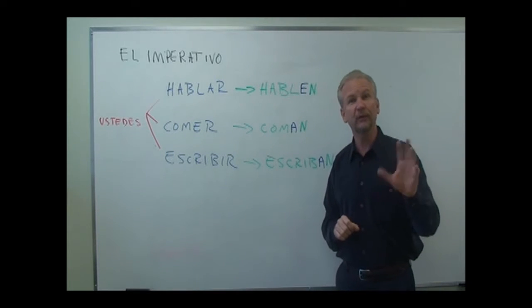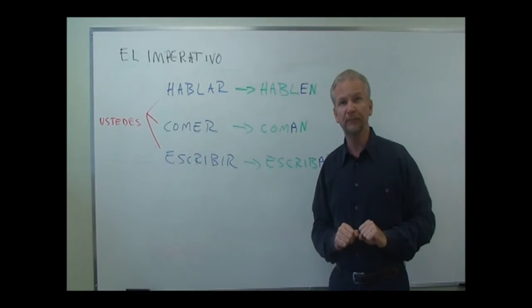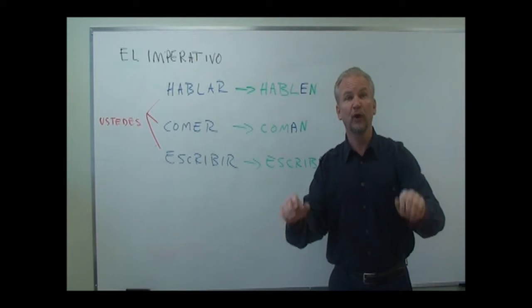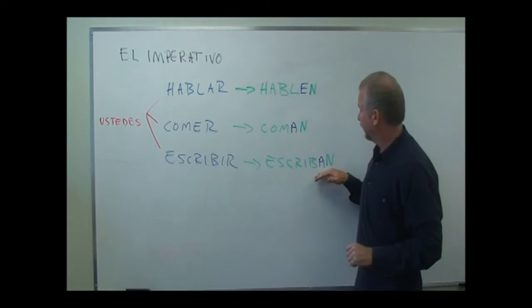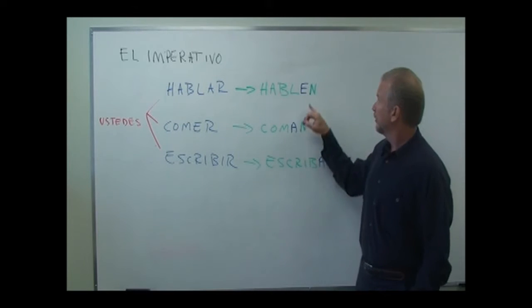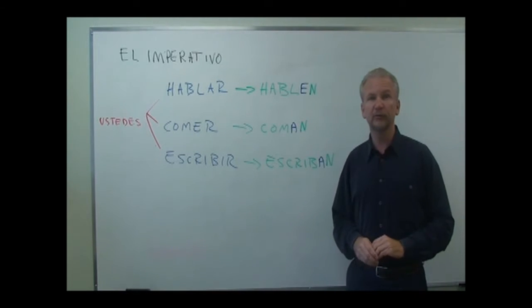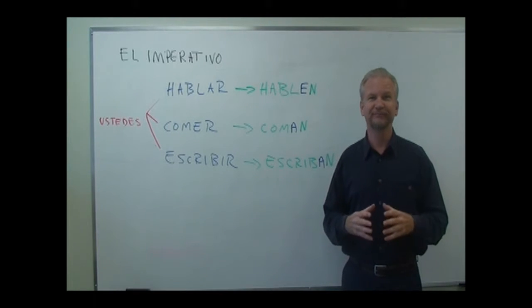We take away the E and we change it for the A. And if I want to tell you to write as a group, I would say escriban, escriban los verbos. Write the verbs. So we see again, similar to the usted form, the AR verbs, we change the A for an E, and the ER and IR verbs, we change the E for an A, a little bit backwards.